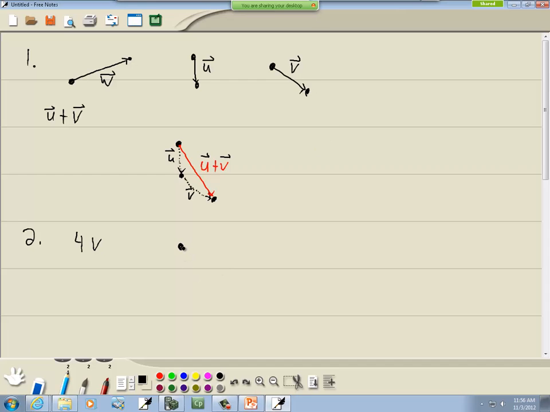So here's 1 V. There's another V. There's a 3rd V. And there's a 4th V. So our answer is that right there. That would be our 4V. And again, I'm not going to put those symbols out there. We know we're dealing with vectors.